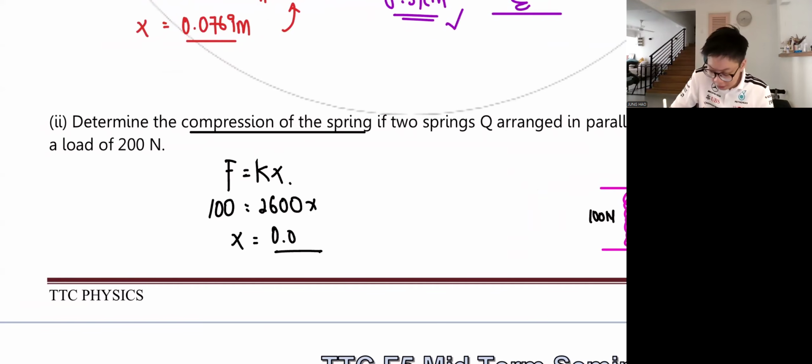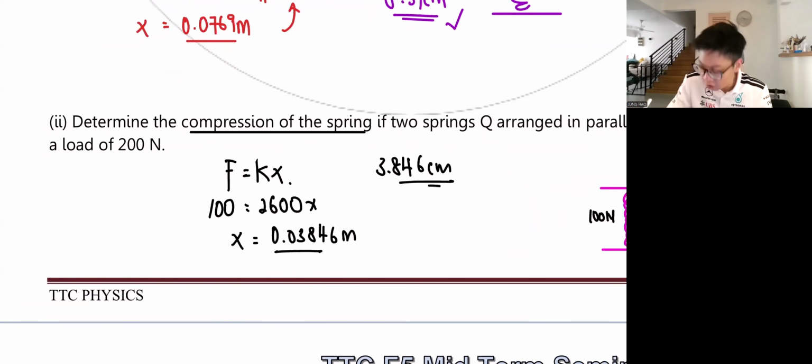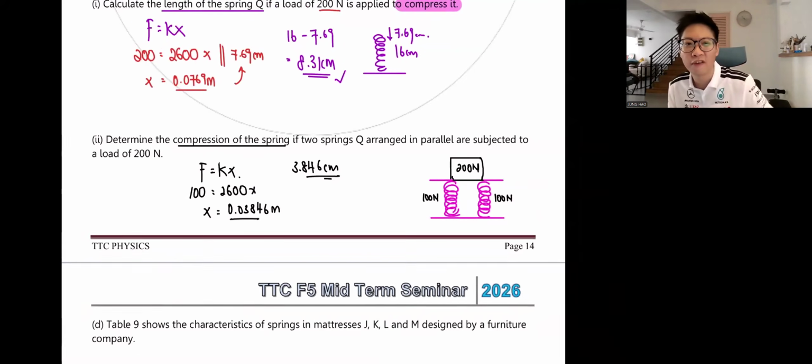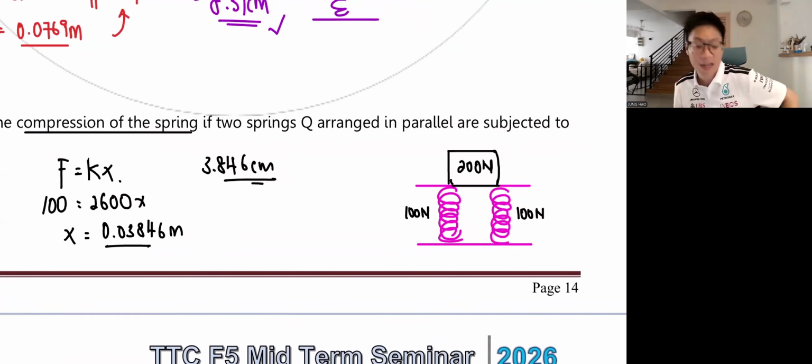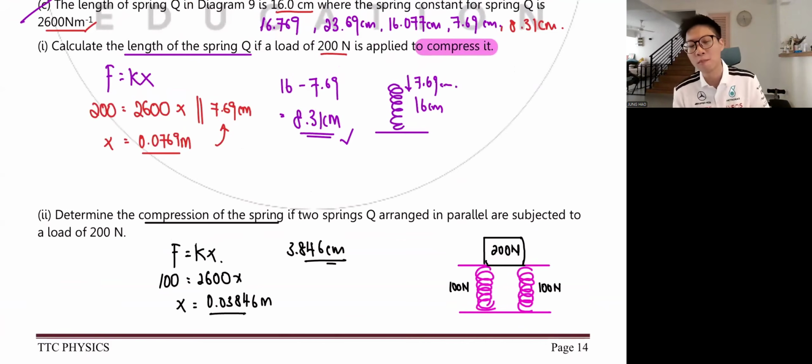So I get 0.03846 meter, right? So this is actually just 3.846 cm. That is your compression, 3.846 is enough. So that's your answer. That's the compression of the spring.